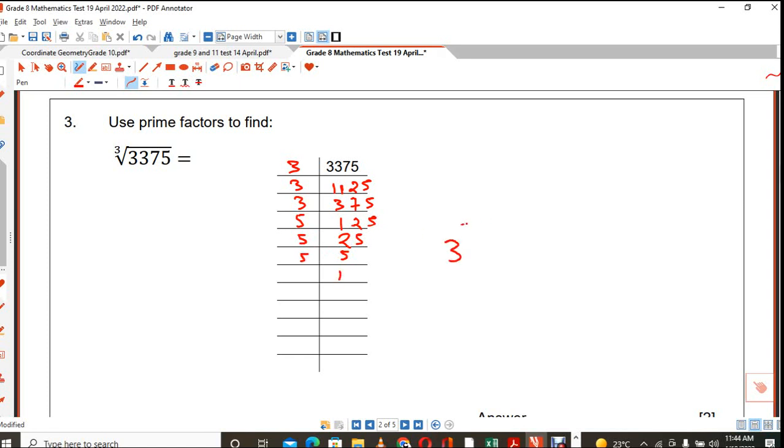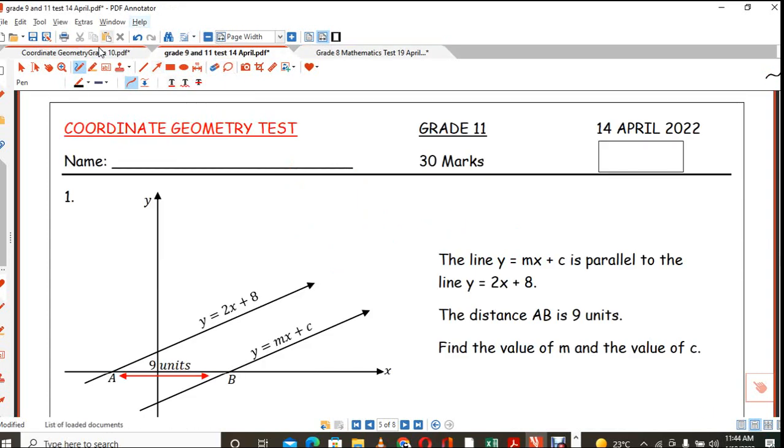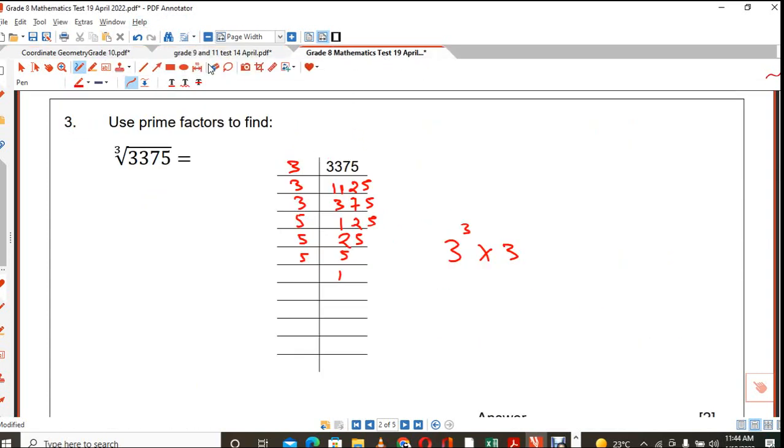We said that this number is 3 cubed times 5 cubed. It means 3 numbers multiplied together to give you whatever is there. The numbers should be identical. So each bracket gets a 3.